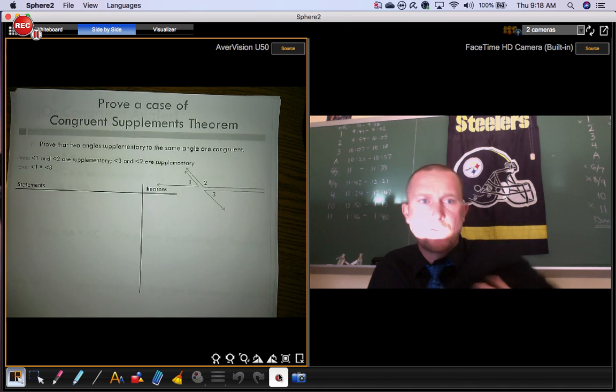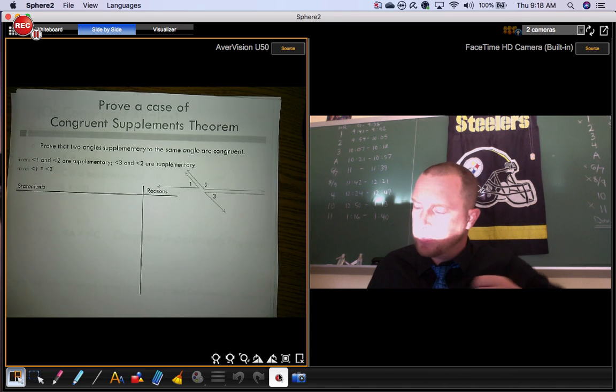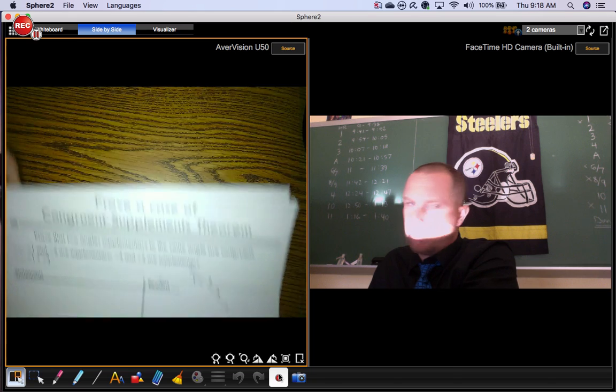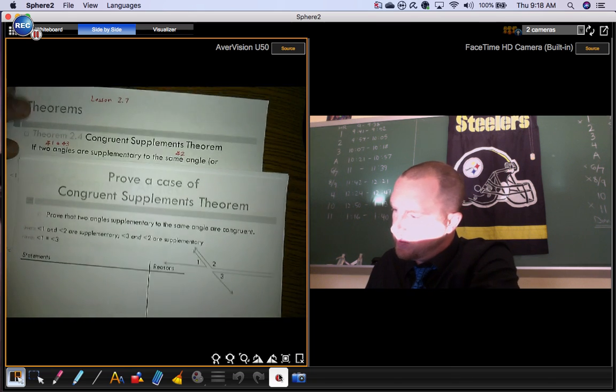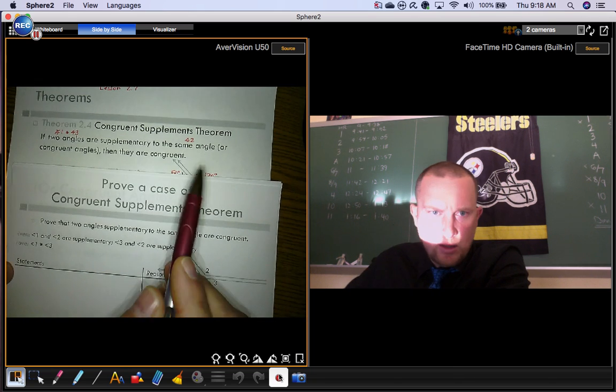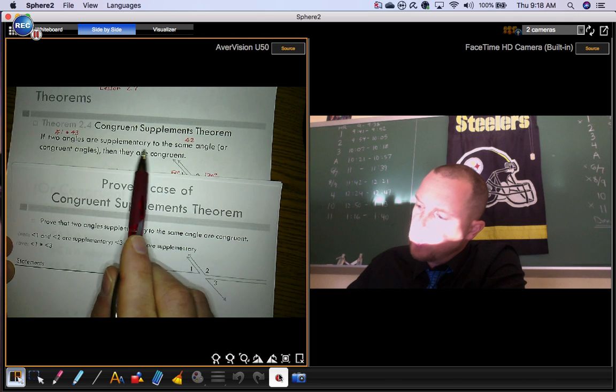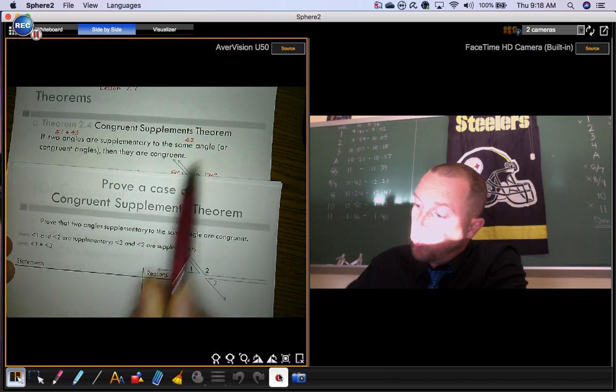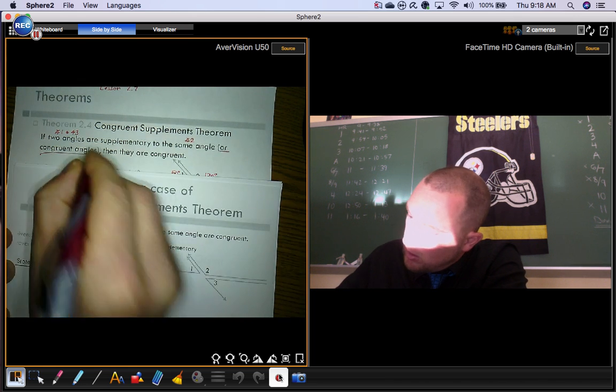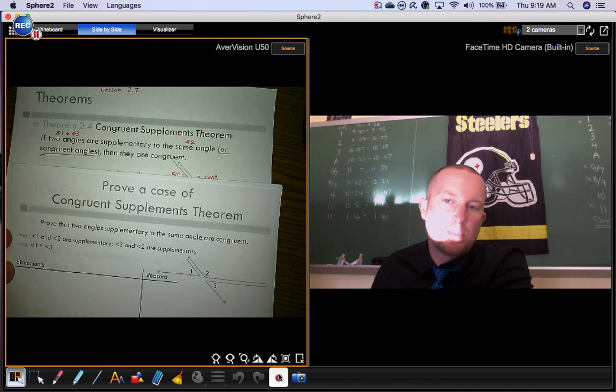So we're going to prove a case of this congruent supplements theorem. And the reason we're proving a case of it is, in the theorem it says two angles are supplementary to the same angle or congruent angles. That's going to be a different case.